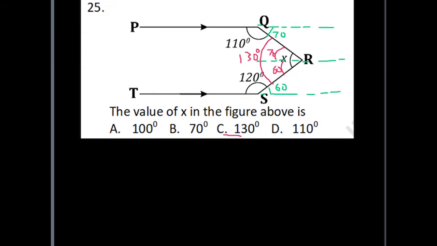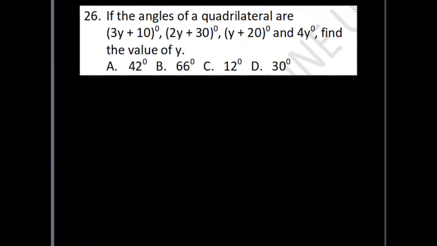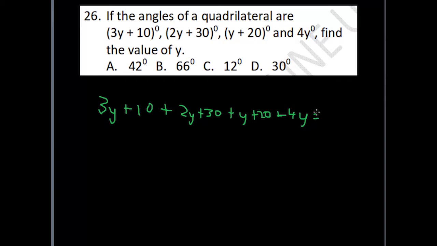Option C. If the angles of a quadrilateral are these, find the value of y. Sum of angles in a quadrilateral is 360 degrees, so that's the principle we will be using. So this is 3y plus 10 plus 2y plus 30 plus y plus 20 plus 4y equals 360.